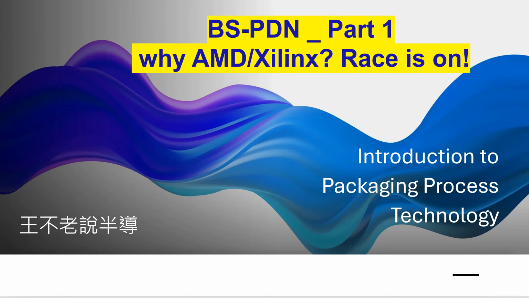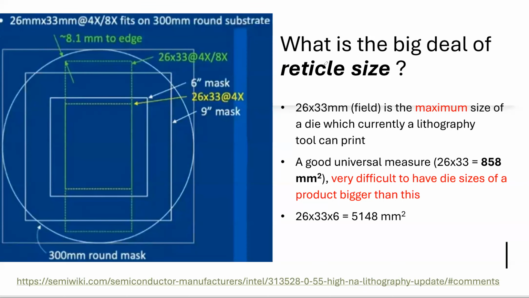All right. First thing first, let's do some quick review of why I think it's important to bring you into the topic. The first review is what is the big deal about the reticle size. As I've shown before, 26 by 33 is the maximum size of a die that an ASML lithography tool can do.